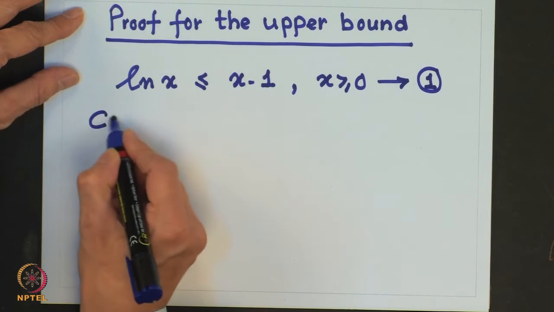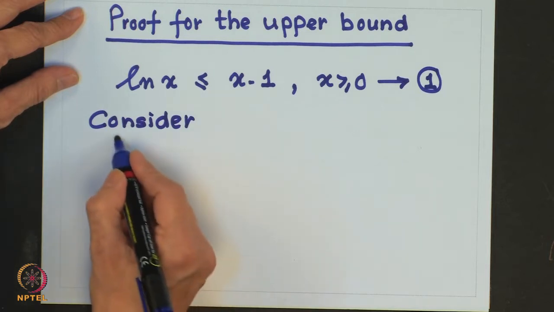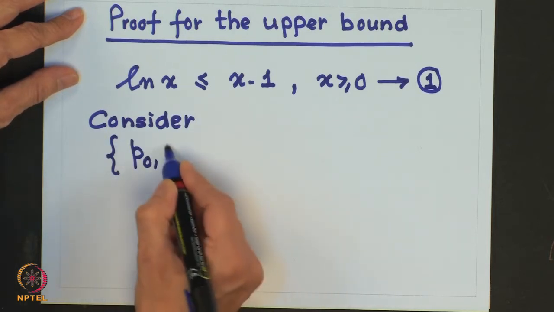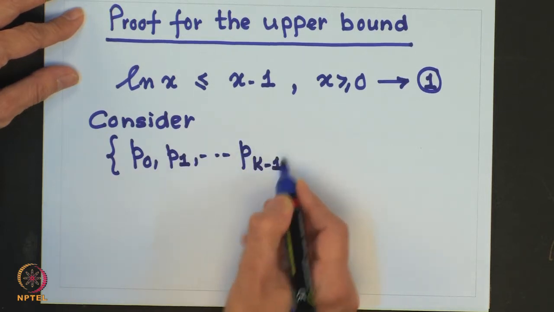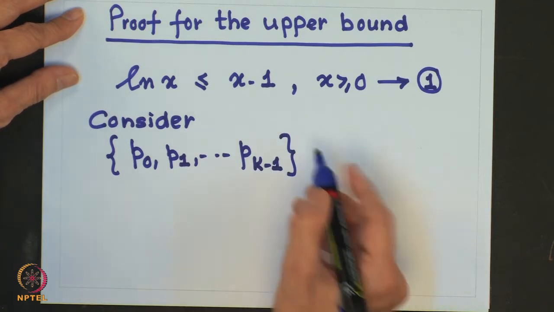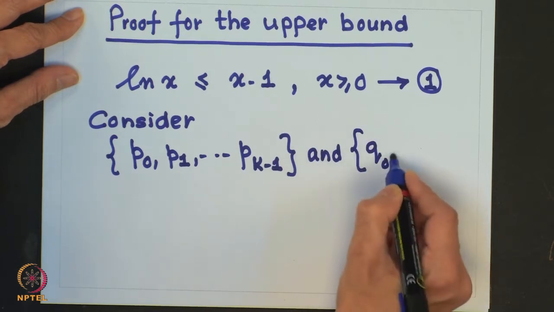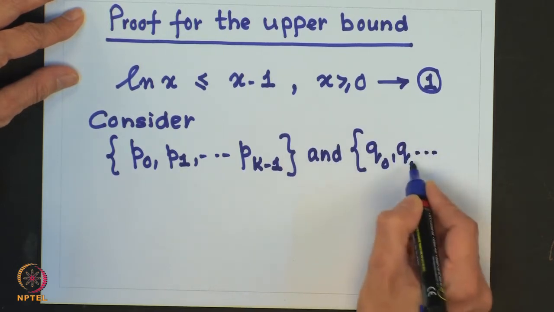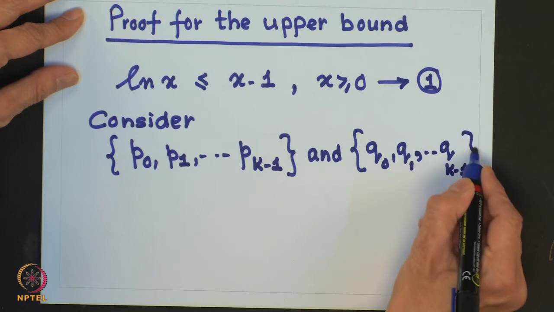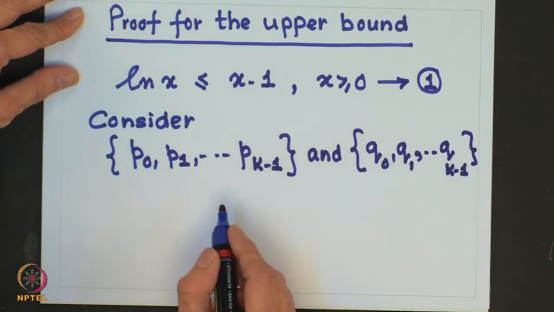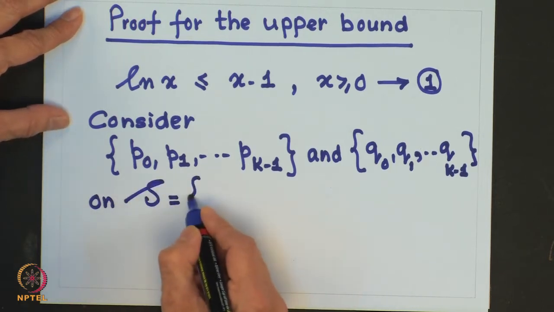Now, consider two probability distributions, in terms of p's and in terms of q's. Both these distributions are defined on the source alphabet S.